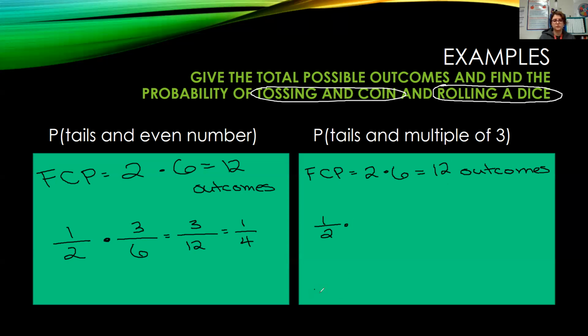My multiples of 3 are 3, 6, 9, 12, etc. Only 2 of those are on a dice, so we're going to say 2 out of 6. I'm going to multiply and get 2 out of 12. Again, see my total possible outcomes is my denominator. We're going to simplify and get 1 out of 6. So I have a 1 out of 6 chance of getting tails and a multiple of 3.